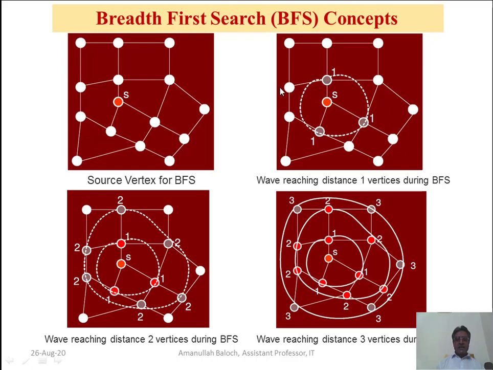This node also, and these nodes also. You can see it here, 2, 2, 2, this 2, and this 2, and this 2. These nodes exist at the distance of two edges from the source node. So they are gray. This is orange, these are red, and this is gray.